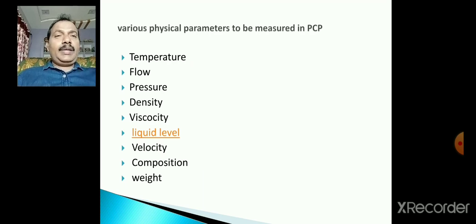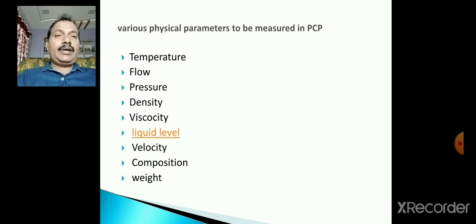And what are the physical parameters to be measured in the petrochemical plant? Because it is our instrumentation part. Here, as an instrumentation engineer, you have to know the different parameters that are to be measured in a petrochemical plant. The physical parameters are temperature, flow, pressure, density, viscosity, liquid level, velocity, composition, weight of the fluids.